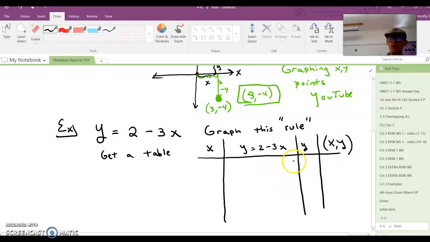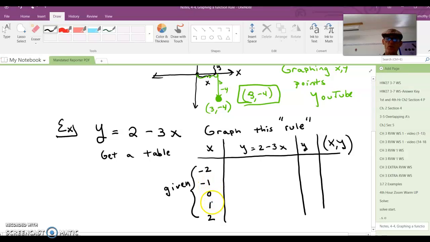When you graph rules, your values for x are given. You're going to get given these. So what that means is you're going to start off with these values here, which are good ones: -2, -1, 0, 1, and 2. The reason is because you get values close to 0.